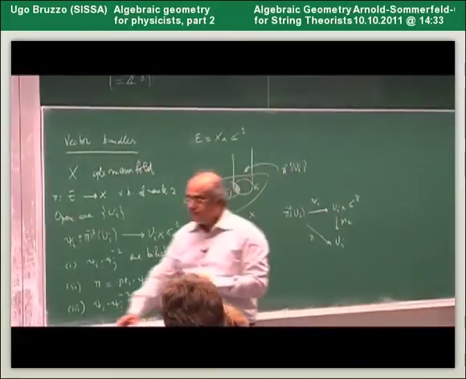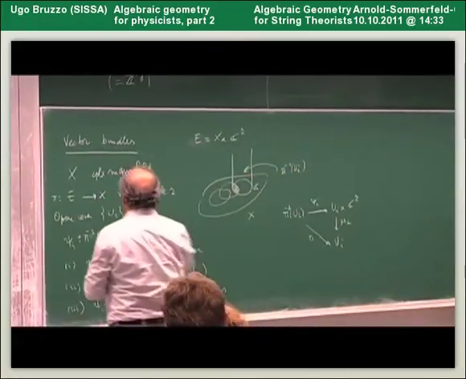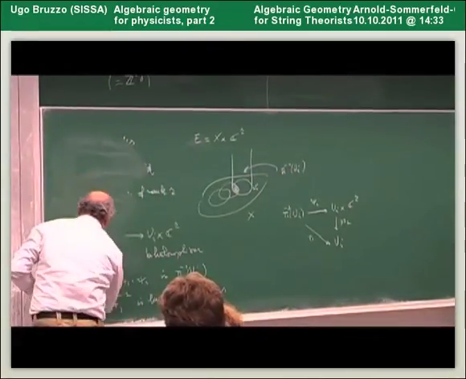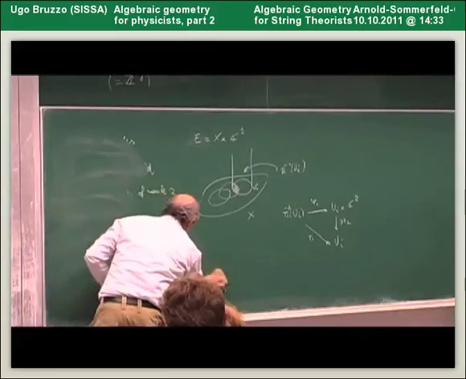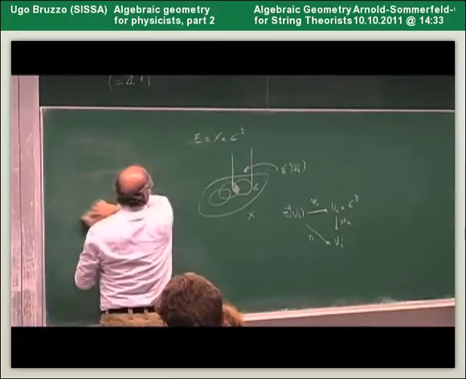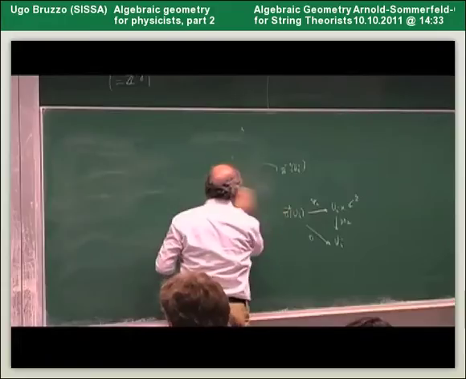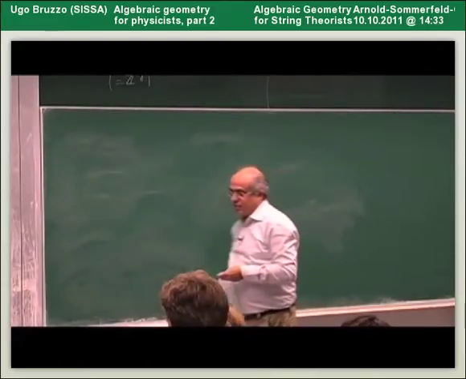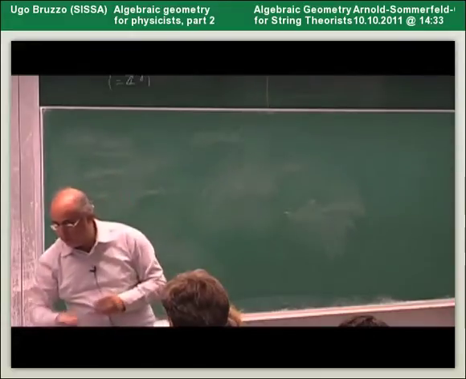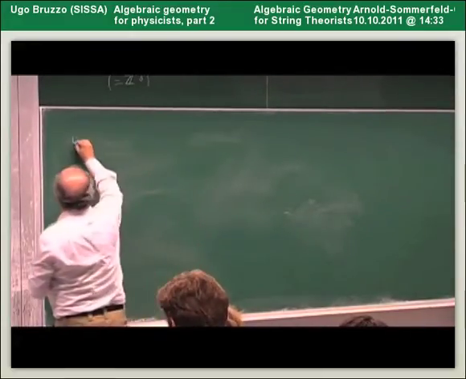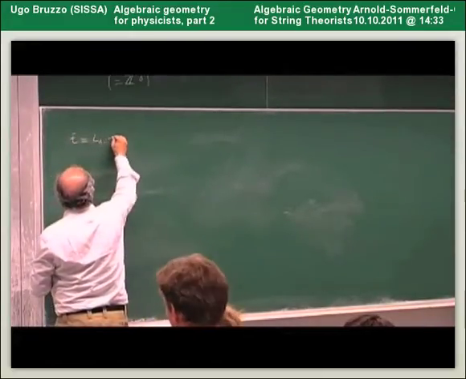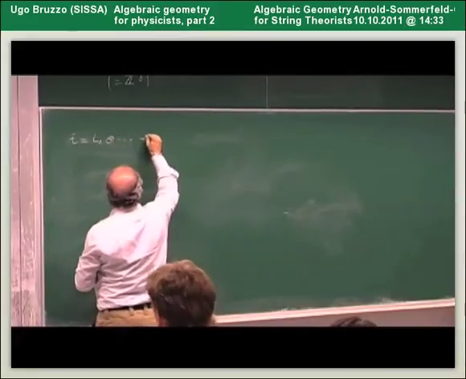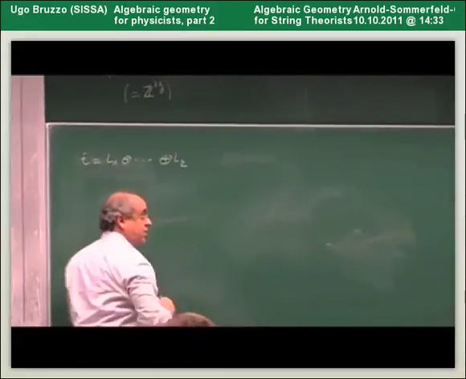And indeed, there is a class of vector bundles for which it's very easy to introduce higher degree Chern classes. And these are the vector bundles which are direct sums of line bundles. What's the meaning of this?